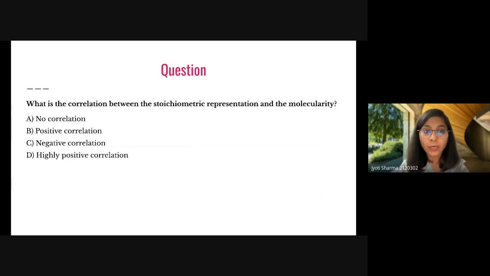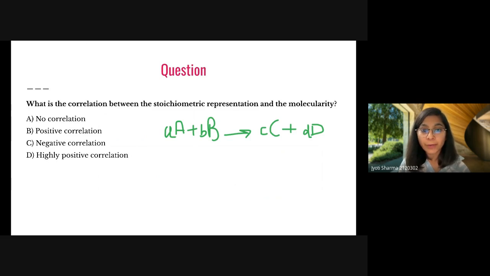As I told you, if it is A plus B giving you, let's say, C plus D. So what it is talking about, it wants to know the relation between stoichiometric representation.